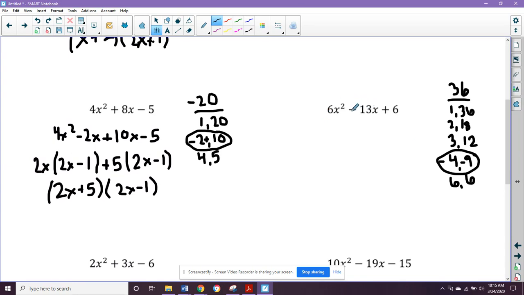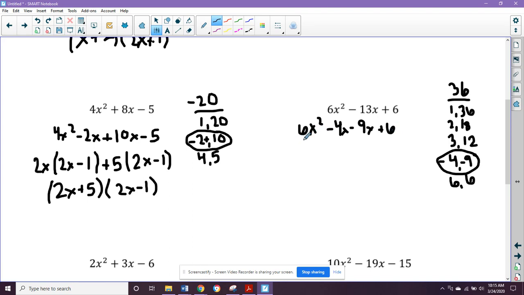So we are going to rewrite it instead of the middle term. So 6x squared minus 4x minus 9x plus 6.